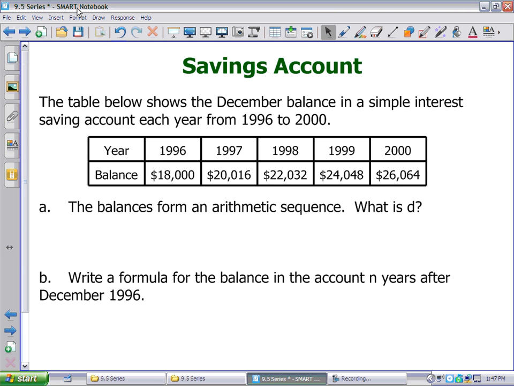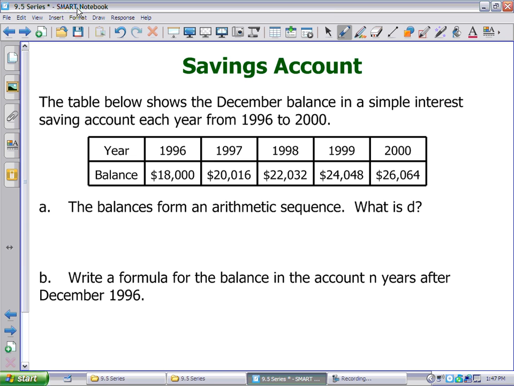Okay, this is the last video for section 9.5, and this is looking at a savings account here. It's giving you a table showing you a December balance in a simple interest account starting in 1996 and going to 2000. When you see this starting from 1996, that's when your time is 0.